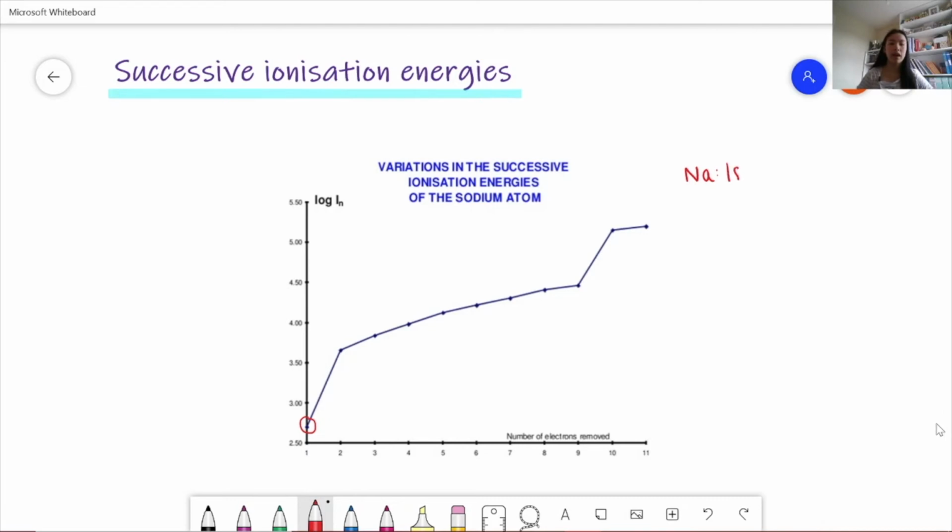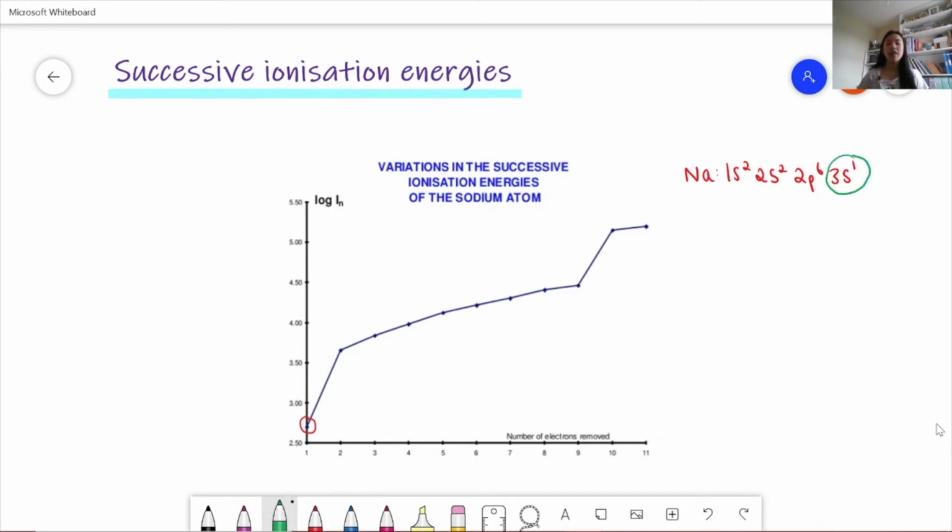So we have 1s2, 2s2, 2p6, and then 3s1. And as you can see, the number of electrons in this electron configuration add up to the number of electrons on this graph.